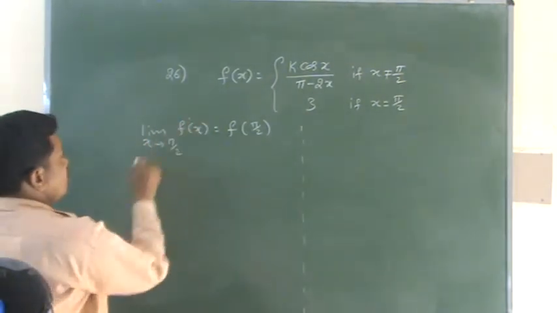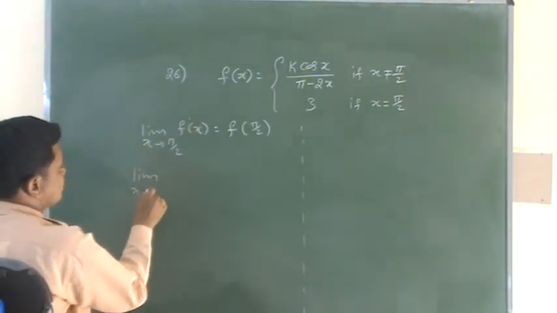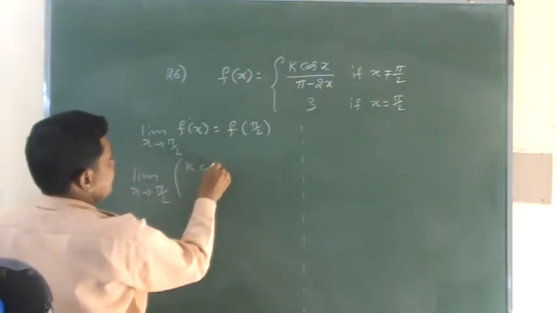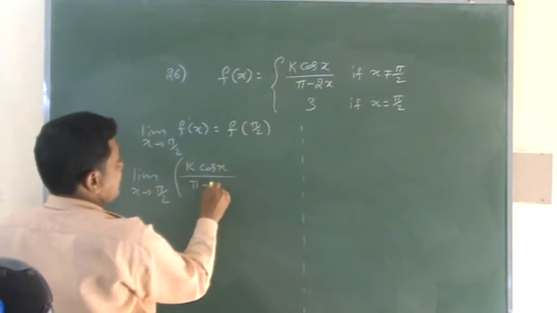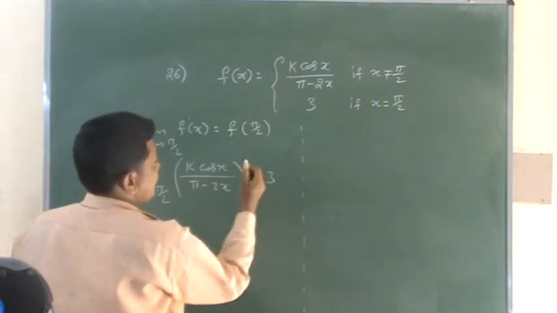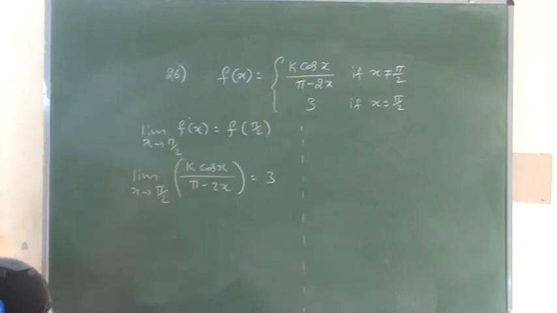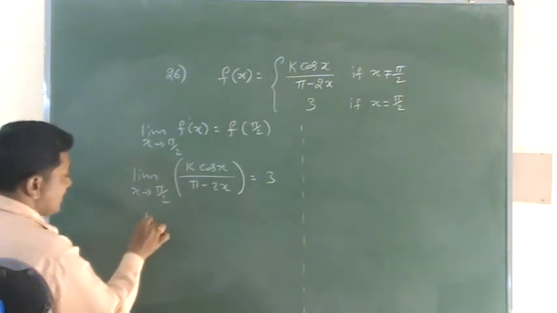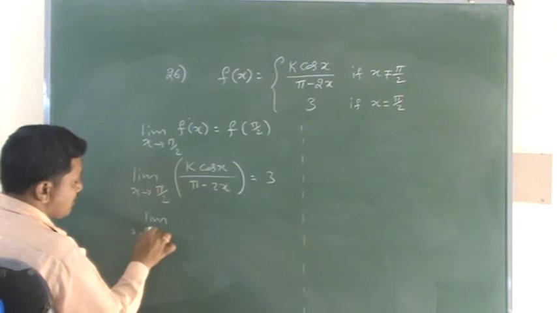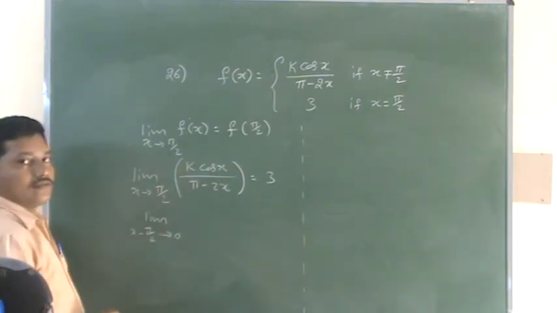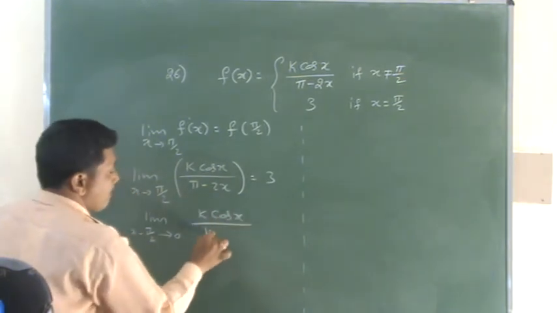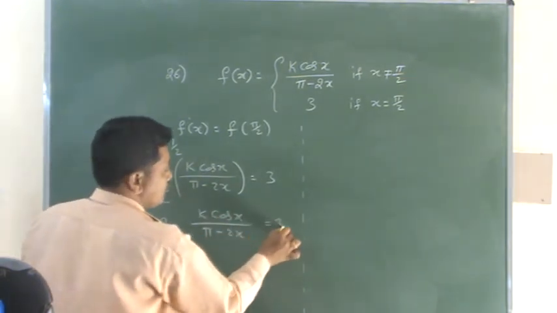So here I want to take limit x tends to pi by 2 of k cos x by pi minus 2x, which is equal to 3. Now, what is our simplification here? Here I want to use x minus pi by 2. I will convert like this: limit x minus pi by 2 tends to 0, k cos x by pi minus 2x is equal to 3.